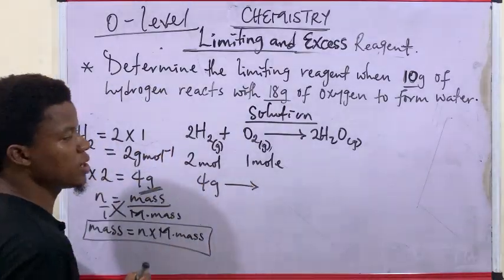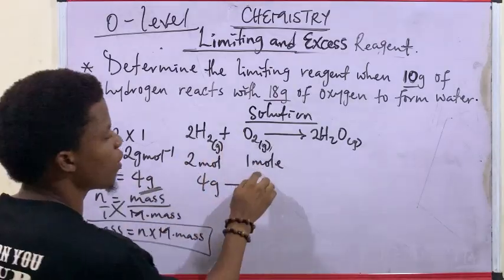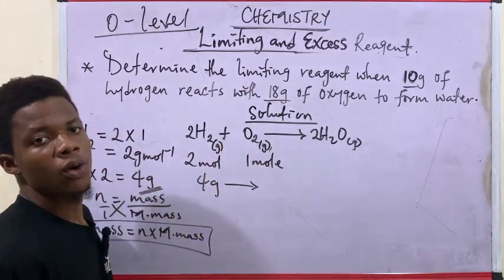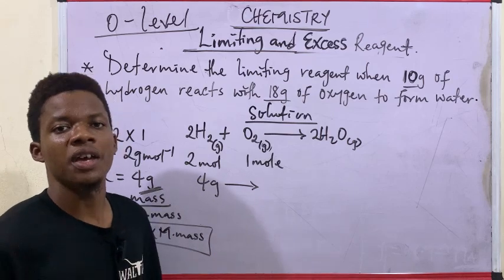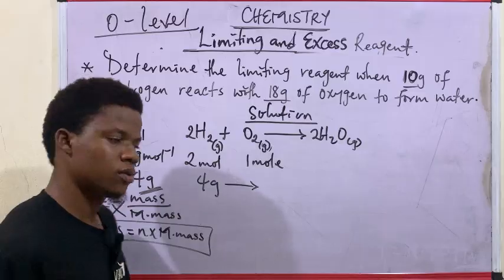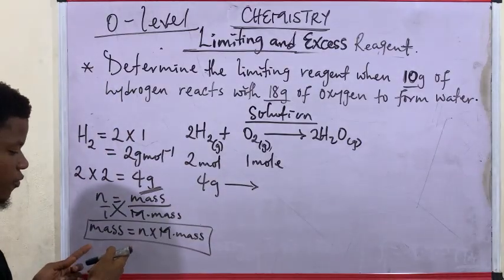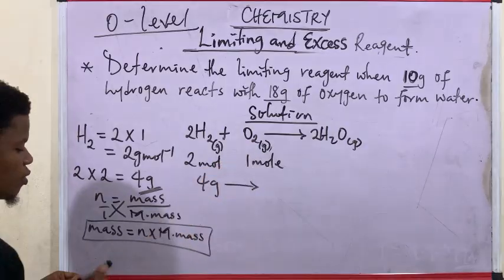Now, how do we get the mass of 1 mole of oxygen? The mass of 1 mole of a substance is equivalent to the molecular mass of that substance. So this is 1 mole of oxygen.